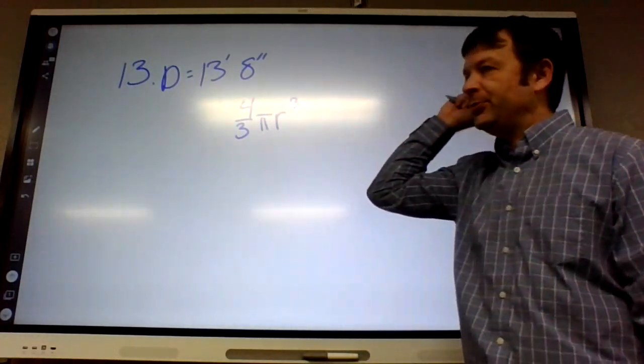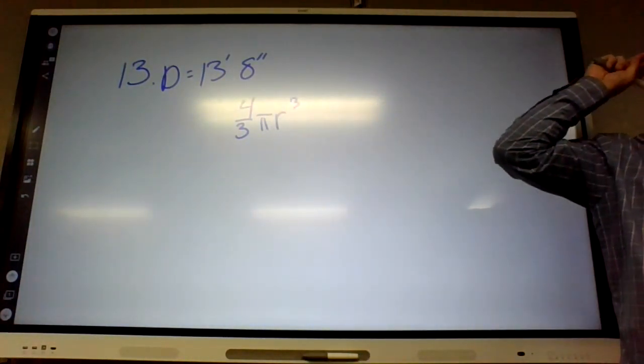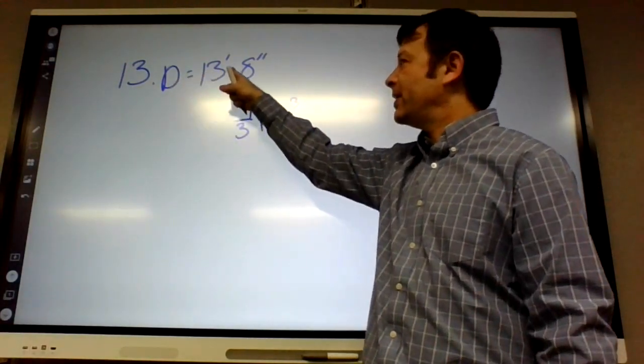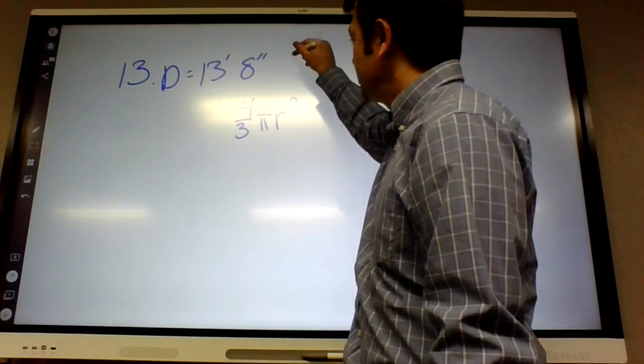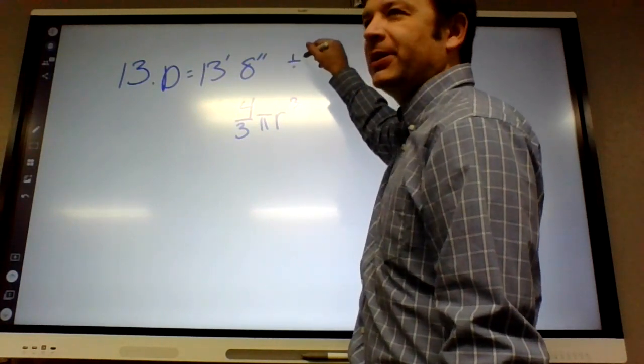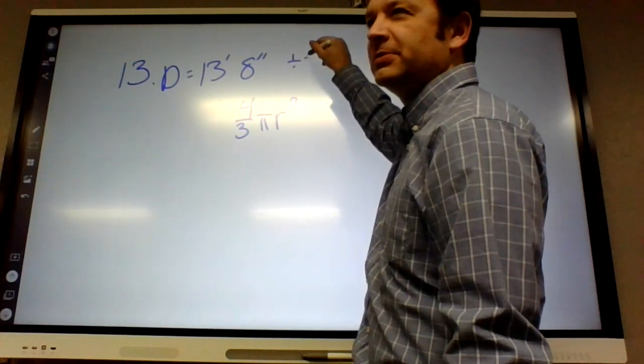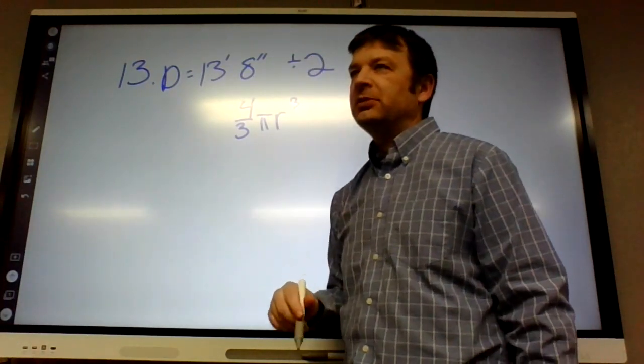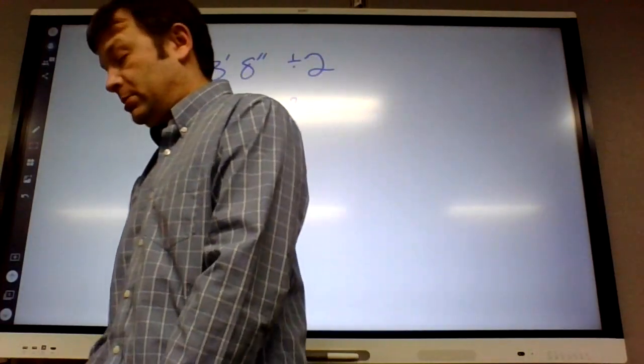What would the r be though? What would the radius be? The diameter is that. How do we find the radius? Now you cannot plug that in your calculator. Why can't we plug it in the calculator?